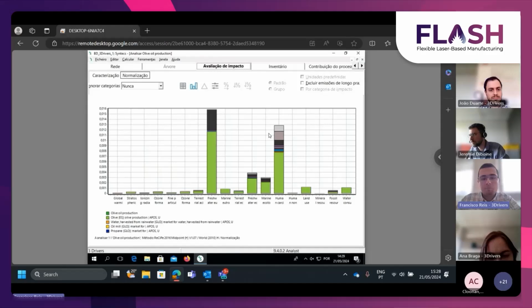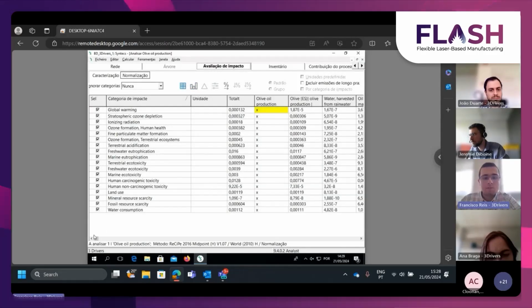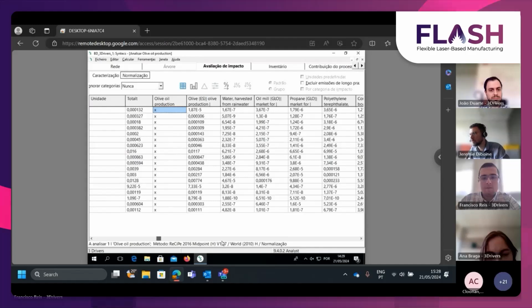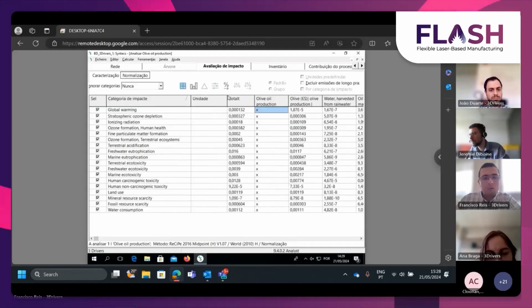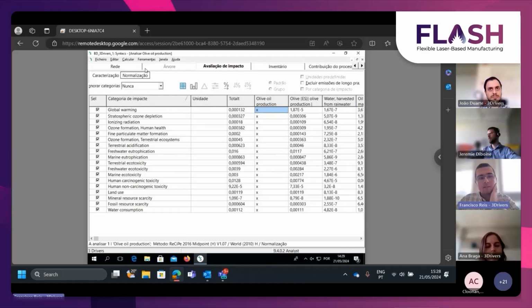Besides figures, we can also see tables. And we can see the tree of relations between every process, but it takes a while to calculate, so I'm not going to show you.